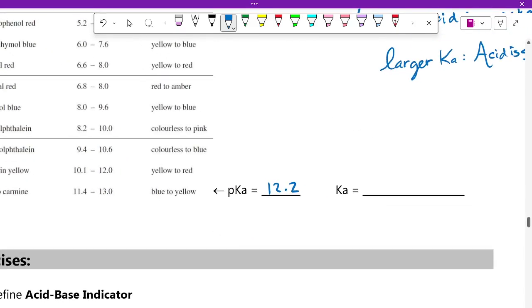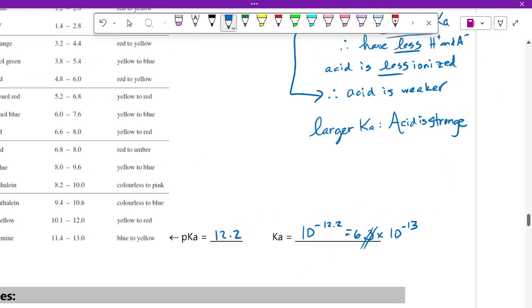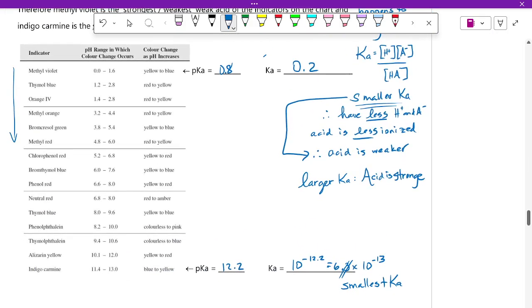And so our Ka is 10 to the negative 12.2, which is 6.3 times 10 to the negative 13. Well, it's actually just 6 times 10 to the negative 13 because we only have one sig fig. And so you can see here we have our very small Ka. This is our smallest Ka. And up here we have our largest Ka.